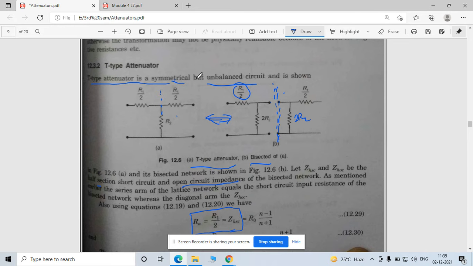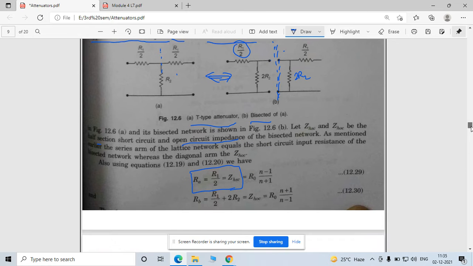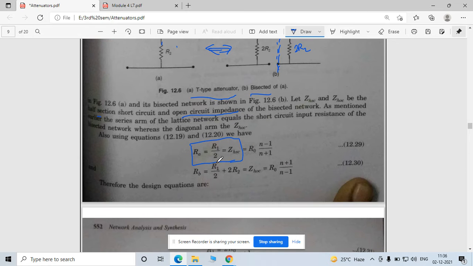Now once you divide your circuit into this balanced form, use this balanced form circuit, right? Now RA by 2 is ZSC, and this is nothing but R naught times (n minus 1) divided by (n plus 1), and this equation came from your lattice network, right? Now you can directly realize this term.